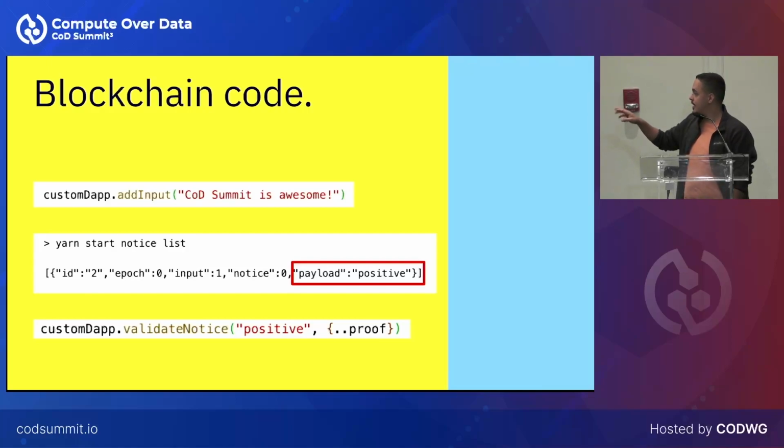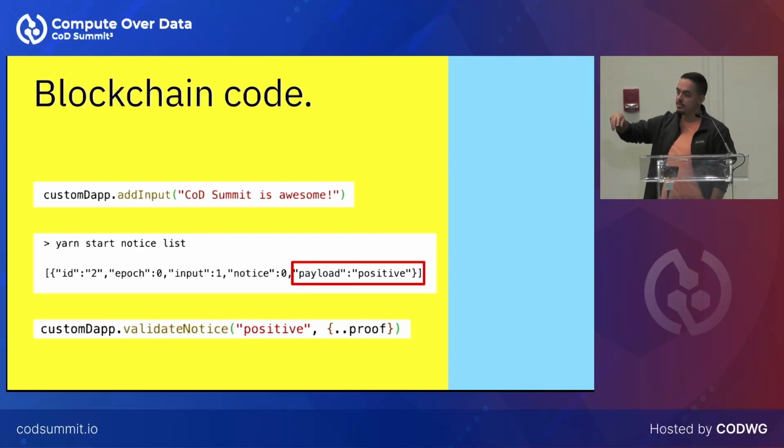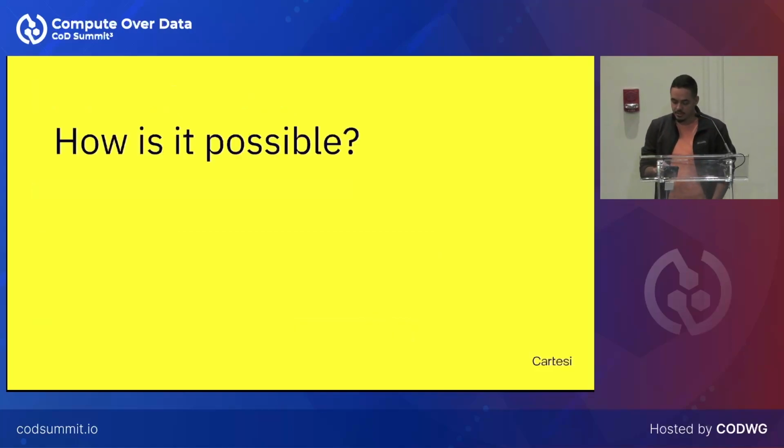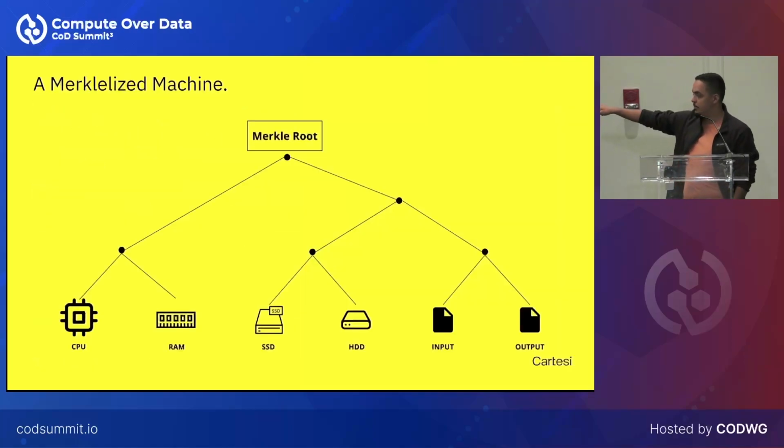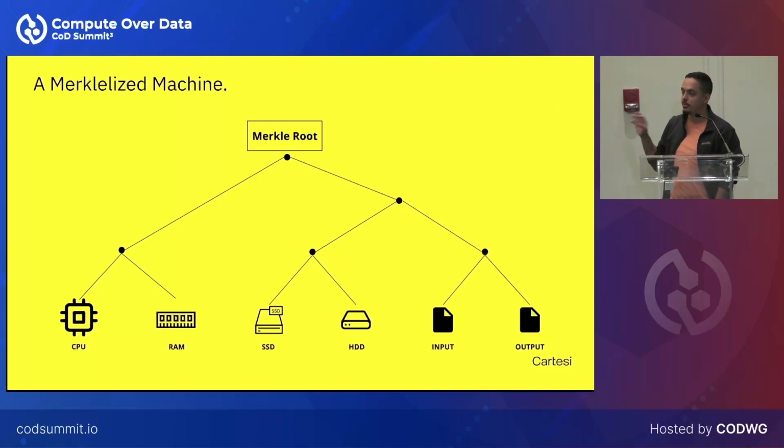Yeah, so what this does is, because we have a Merkleization of the whole machine, you can tell exactly where in the memory, meaning the drive, like here, you see there is an input and output over there. We created drives to encapsulate the idea of how to communicate with the Ethereum blockchain. So a notice will be created inside this output drive. And because you're agreeing about the Merkle root of the state of the machine at all points in time, it's an optimistic rollup, right?